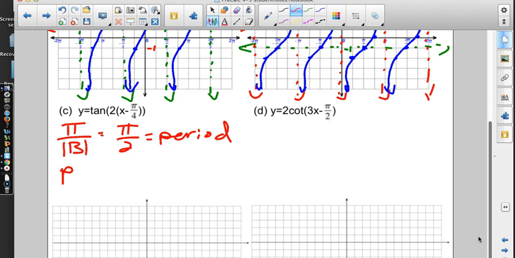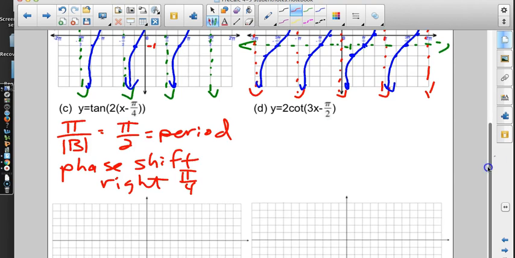But this one also has a phase shift. Where are we going with this? To the right. So we're going to the right. But no vertical translation this time, and our a value is still 1.